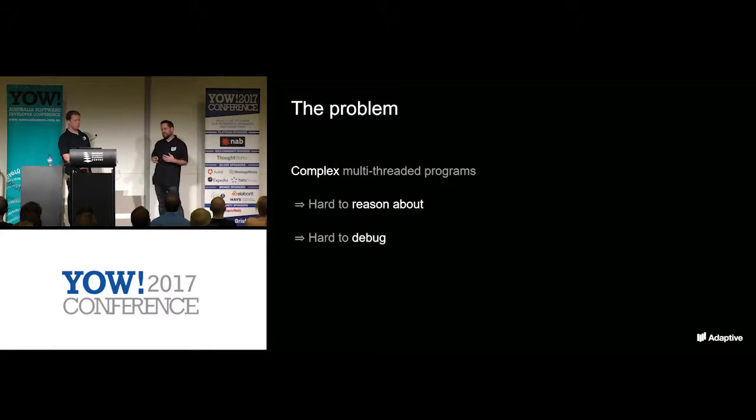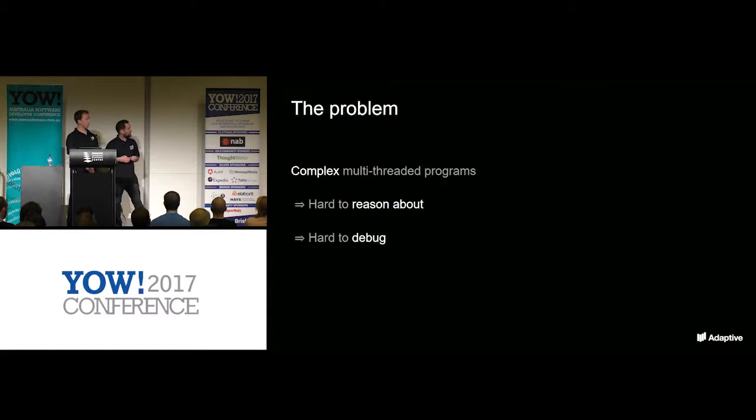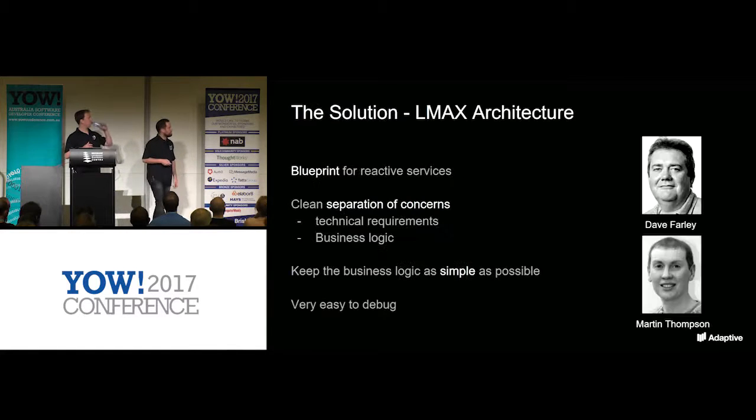Another thing is that those systems tend to be very difficult to debug. Like when you receive a call at 2 a.m., you are connecting to the production servers, looking at a spaghetti of logs published by multiple threads, and you are having a hard time figuring out what is going on in this system. And it's generally quite difficult. You can have some nasty concurrency issues, and those bugs are difficult to reproduce.